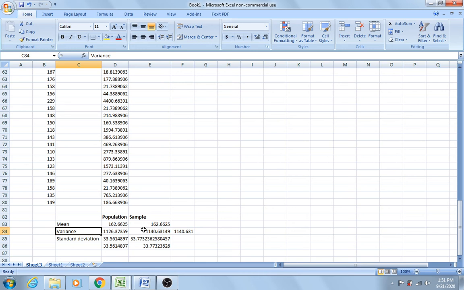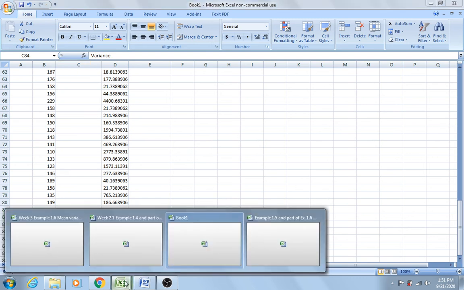So that is how to calculate the mean and the variance and the standard deviation of individual observations. Now, what if we group our observations using a histogram, and we want to calculate the mean, the variance and the standard deviation?